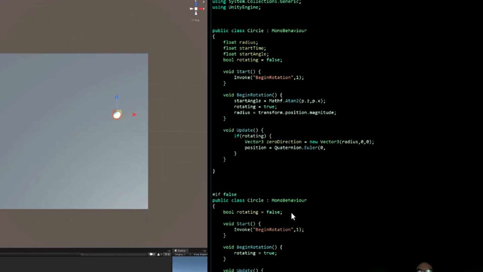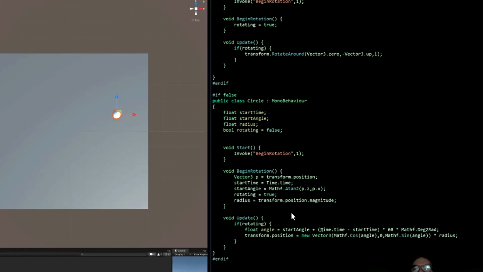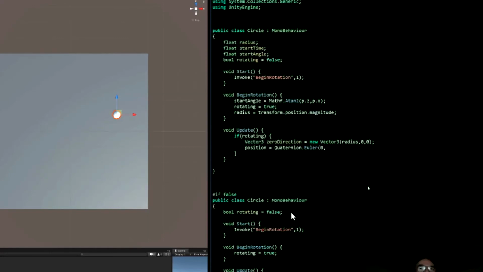So I need to have a quaternion, and you can do a quaternion Euler with 0 and a rotation around the y-axis. That is going to be with this, which is now in degrees. So that is this whole bit here without the degrees to radians, because the quaternion function takes degrees, not radians.